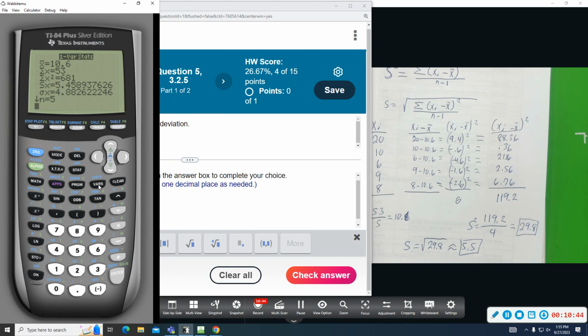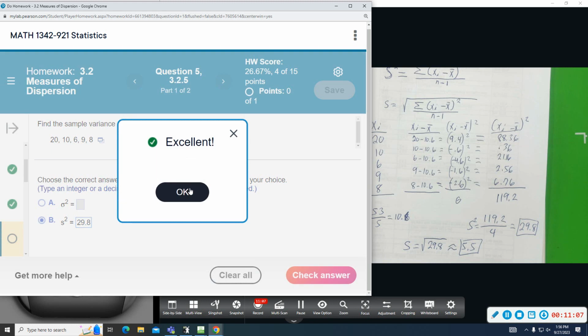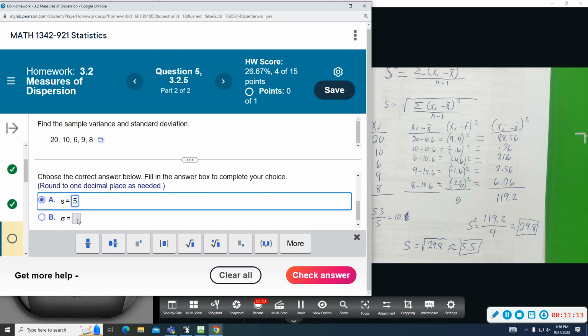The way you do that is you go to VARS, go down to option number 5, statistics. This symbol right here, SX, is the sample standard deviation. You grab that number and you square it, and it gives you the 29.8, which is what we computed. And then it asks for the sample standard deviation, which we already computed as well, so 5.5.